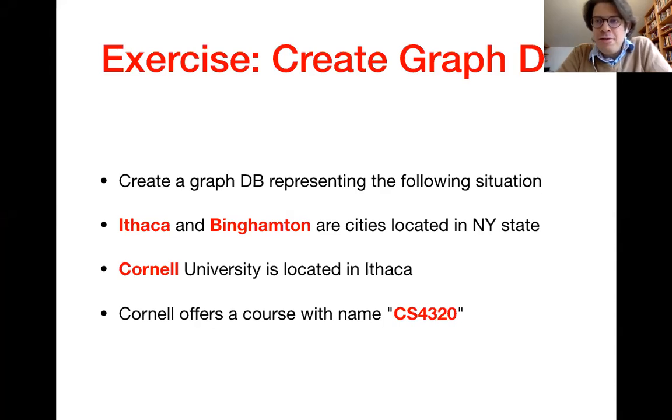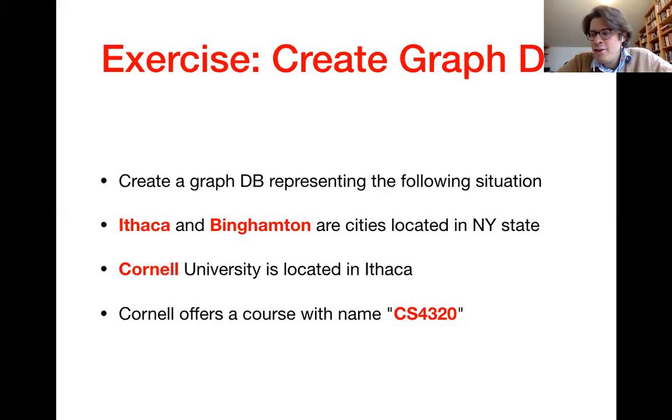All right. So now that we have seen a little bit how to create simple graphs, as a little exercise, I wanted to ask you to create a graph representing the following situation. Here, we have a couple of different types of nodes. Let's say that we have Ithaca and Binghamton, which are cities which are located in New York. Cornell University is located in Ithaca, and it offers a course with name CS4320.